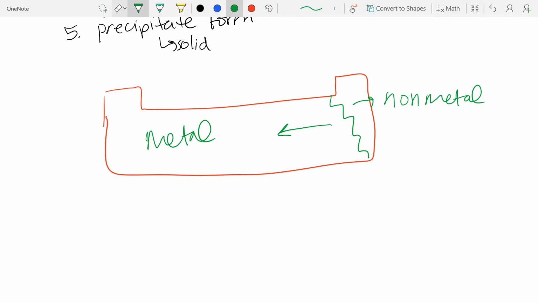Okay, now metals always form cations, meaning that they're positively charged, and nonmetals always form anions that are negatively charged, because remember, cats have paws, cations are positive.